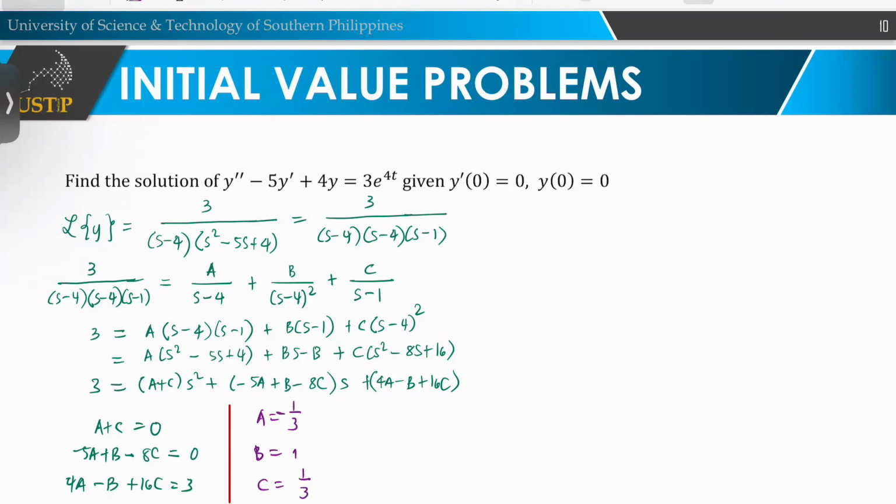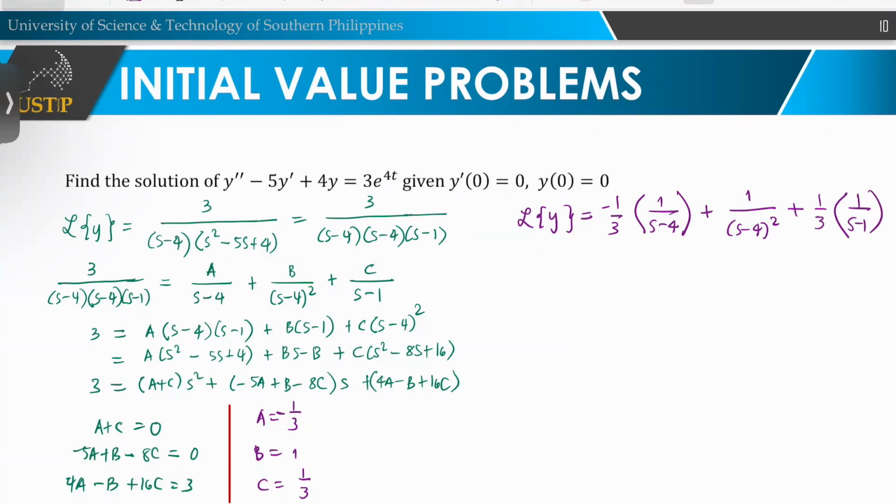Okay, so that means, class, ang ato ang Laplace transform of y is just equivalent to this one with values of A, B, and C. So if you try to substitute, we have negative 1/3 times 1 over s minus 4, plus 1 over s minus 4 squared, plus 1/3 times 1 over s minus 1.